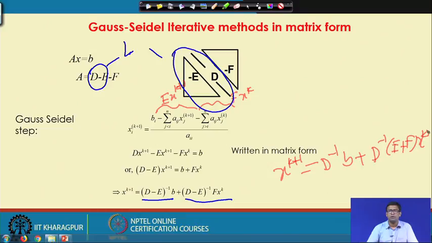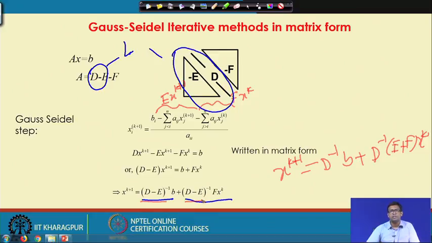So, D must have all non-zero diagonal entries here. So, this is an apparent requirement for Jacobi. We will look into the requirements in much more detail in the next few slides. Here, for Gauss-Seidel, the requirement is that (D minus E) inverse has to exist.